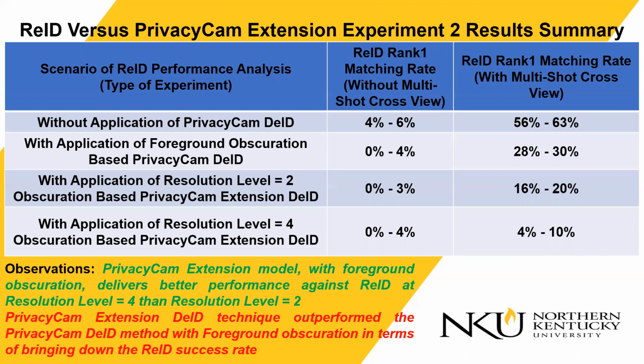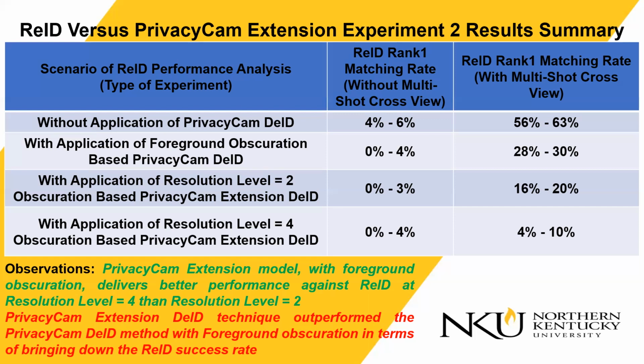And what these results show in terms of observations is that it is quite clear that this ReID-based validation approach managed to show that the privacy cam extension model outperforms the original privacy cam version in terms of effectiveness when it comes to de-identification.